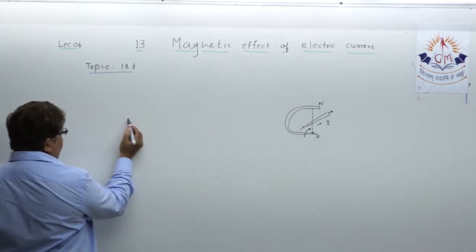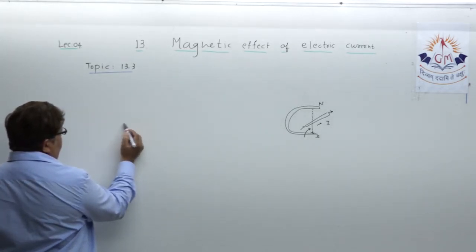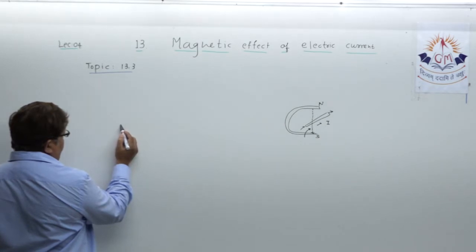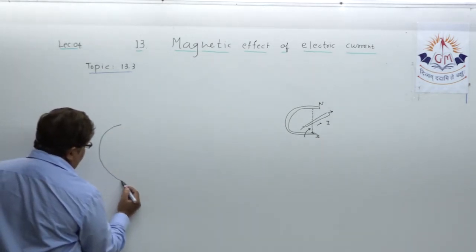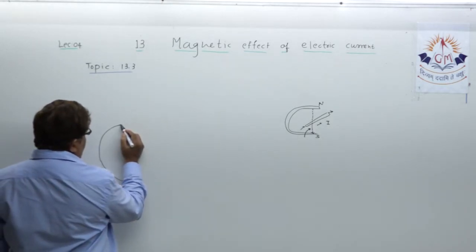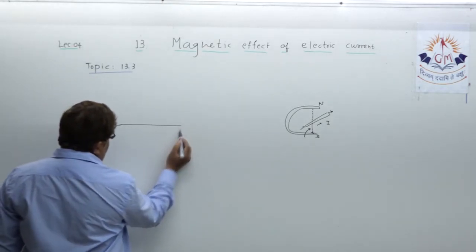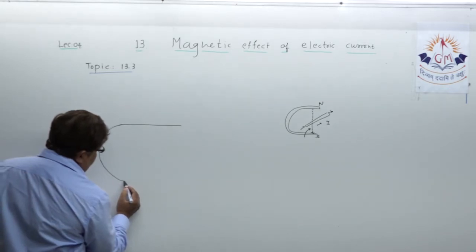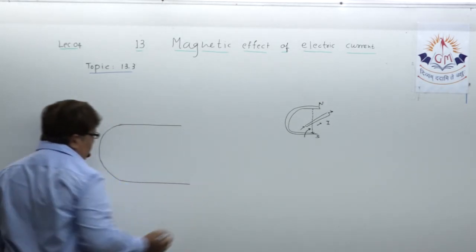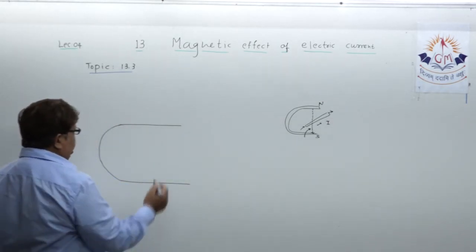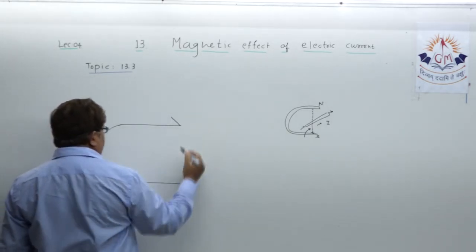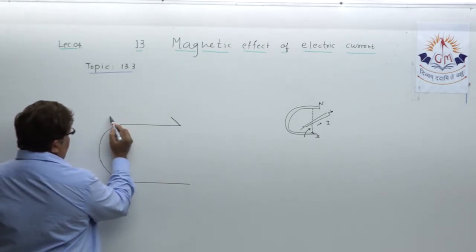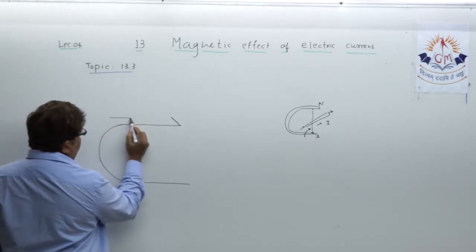We will select a horseshoe magnet for performing this experiment. Just try to understand. Suppose horseshoe magnet is taken, just to understand it.